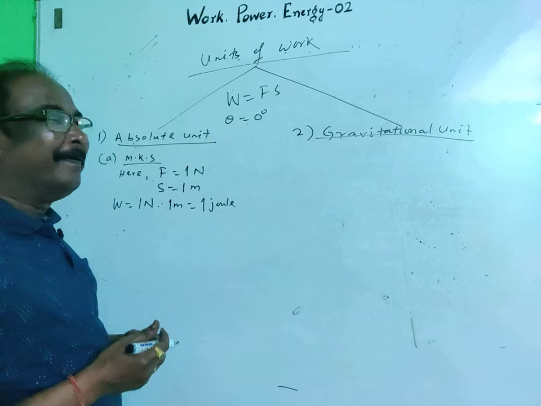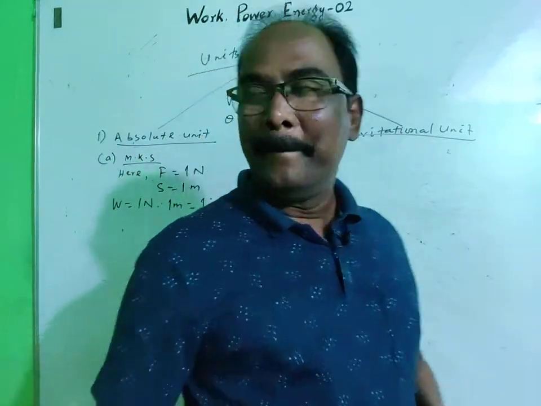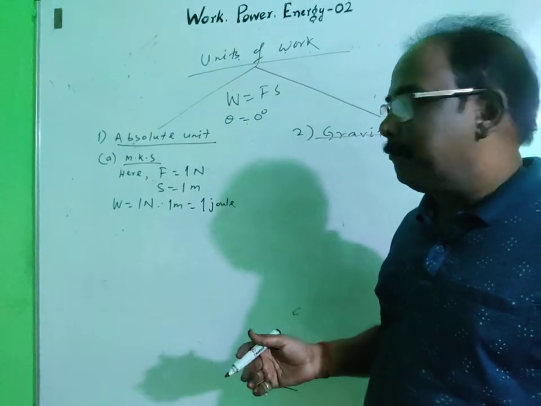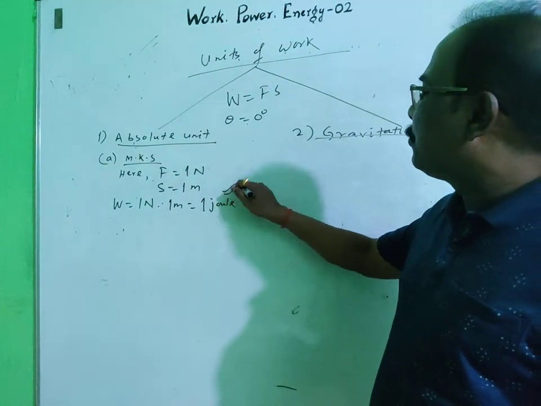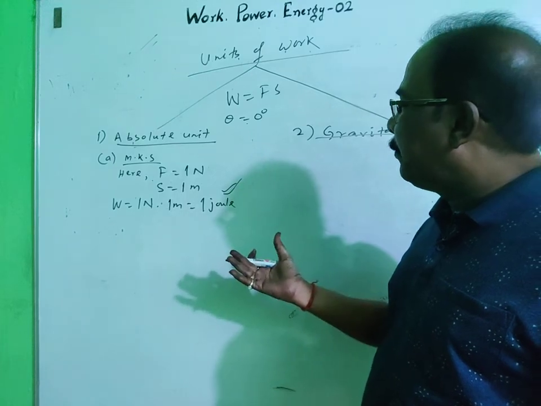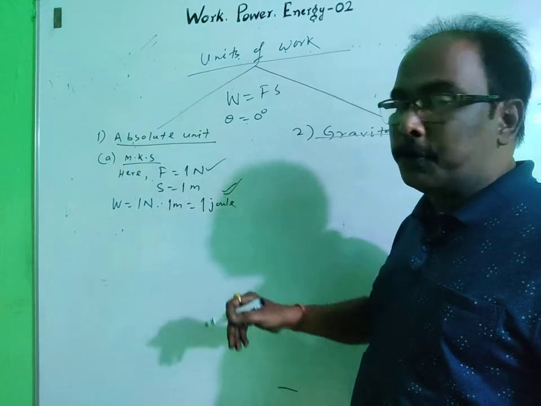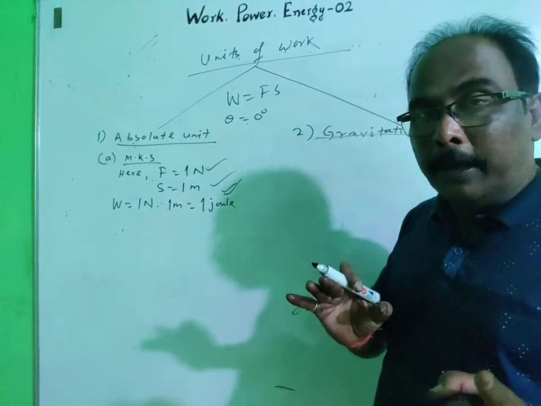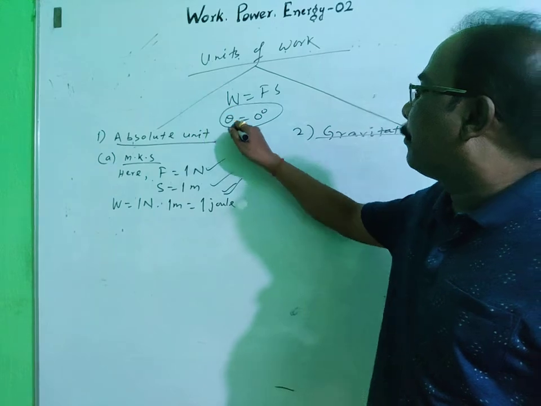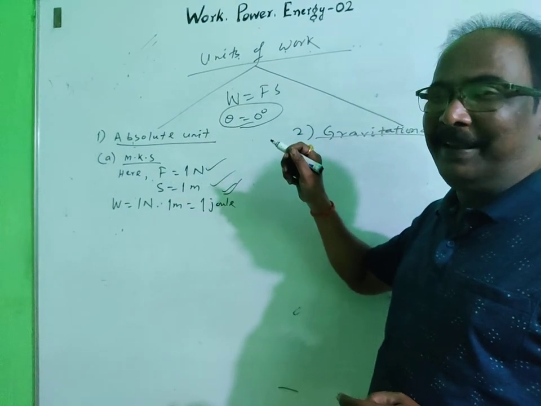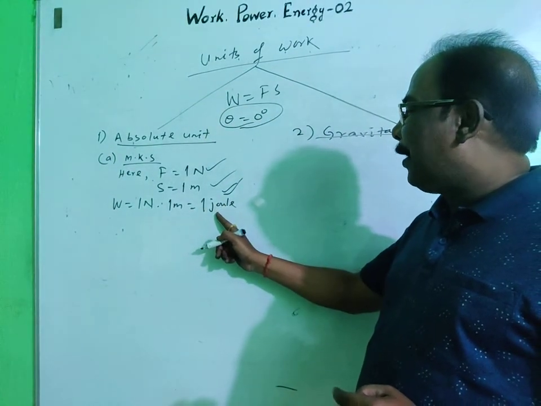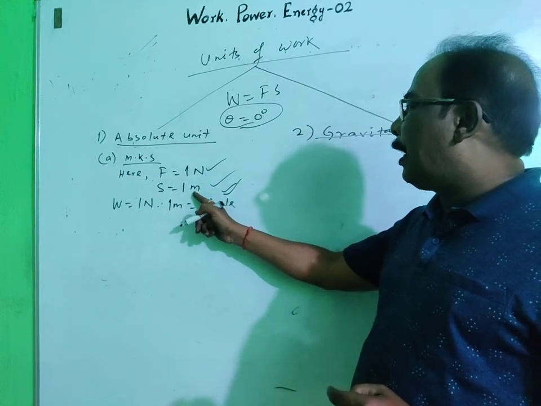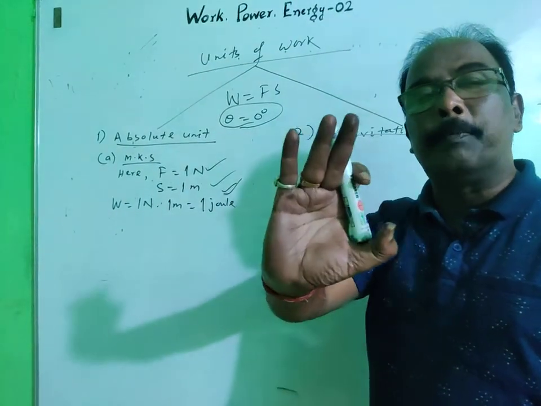But if one asks you to define 1 joule, in very simple form: work done is said to be 1 joule if a force of 1 Newton displaces a body through 1 meter along the direction of force.